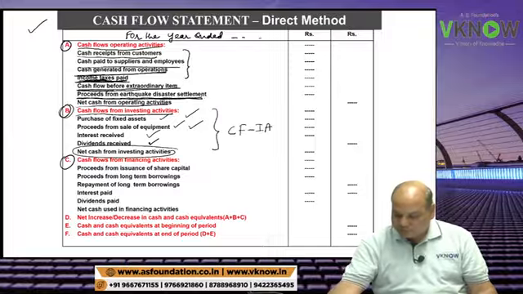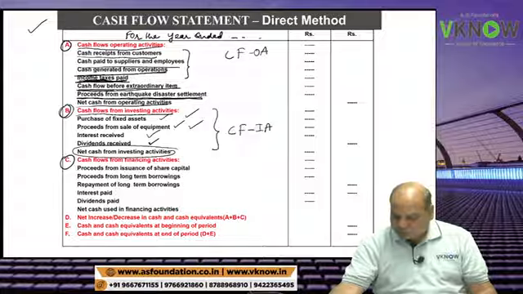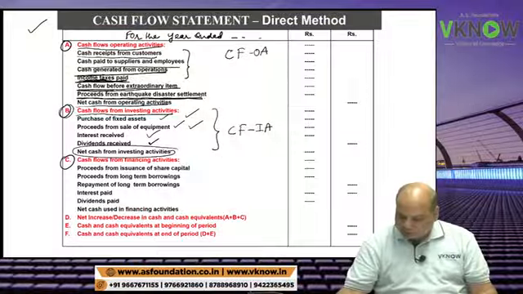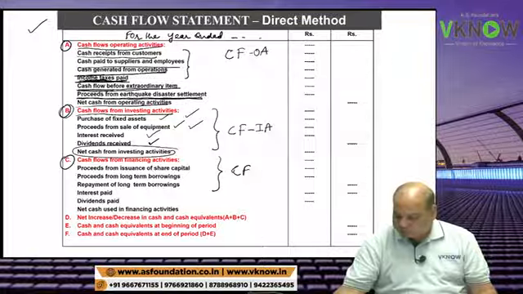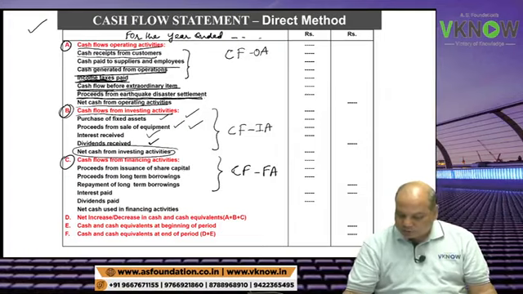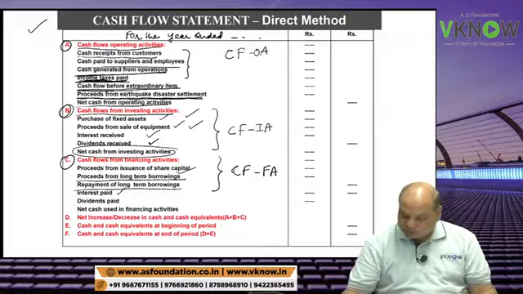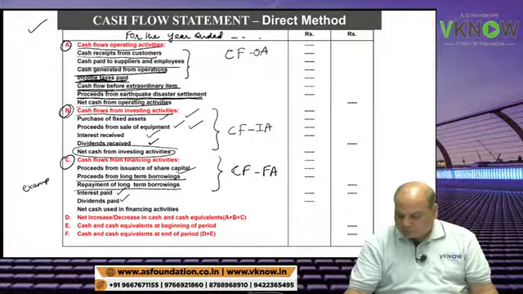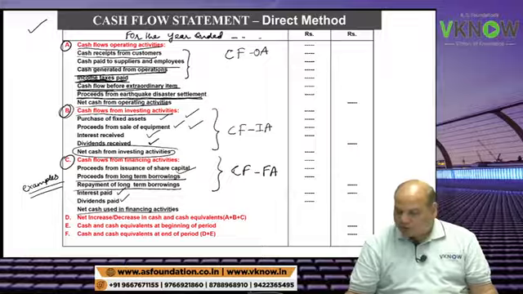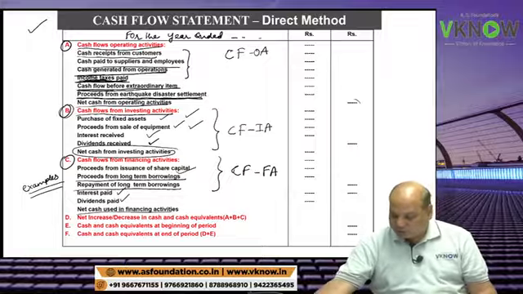Then we have cash flow from financing activity: proceeds from issuance of share capital, proceeds from long-term borrowing, repayment of long-term borrowing, interest paid, dividend paid. These are only examples; you can have many more things. And then net cash used in financing activity.